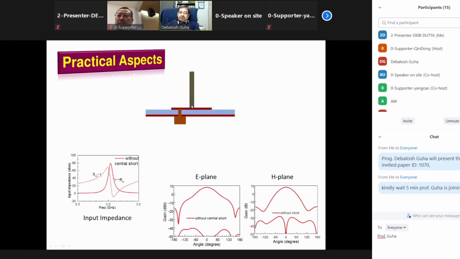Just through a via and solder over here. Of course you can do it. It is simple, no one is going to stop you. It is hassle-free, very easy to fabricate, so you can short it. And it is sturdy, very robust.